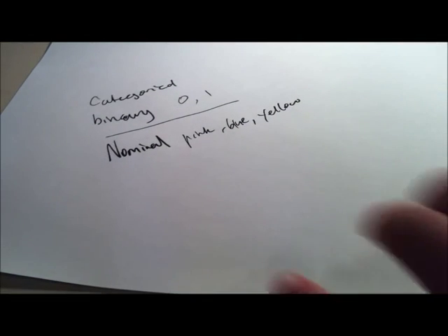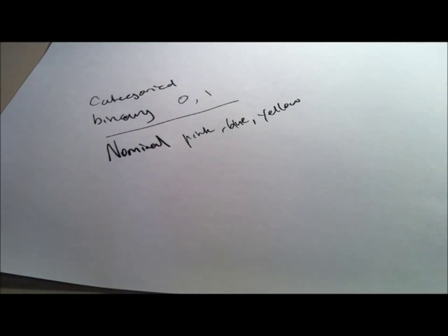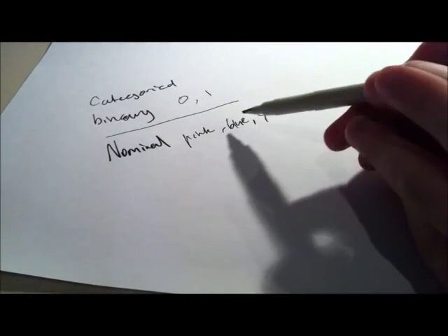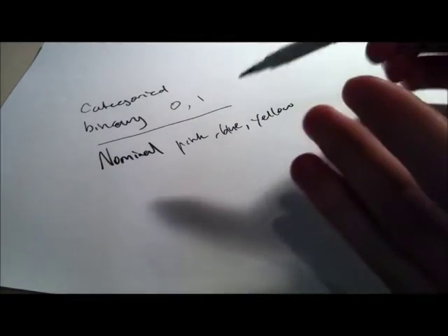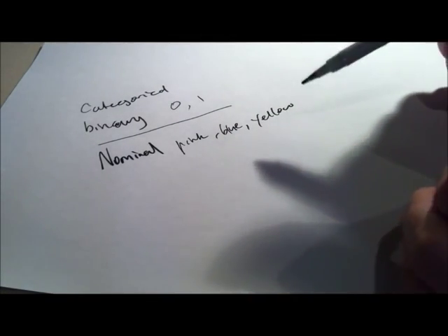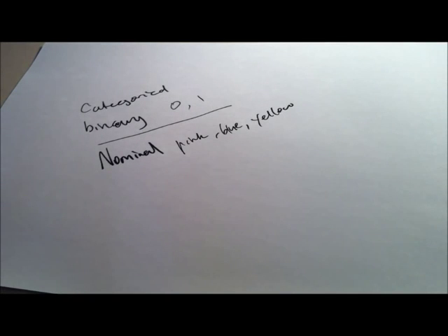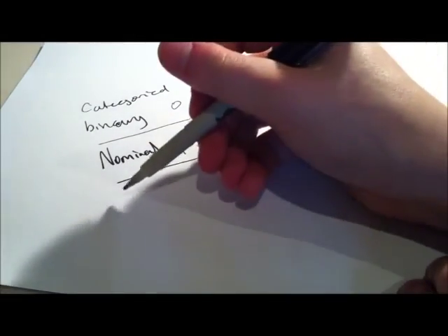You can't break up those categories any further, and there's no inherent meaning to them. There's no order. There's no pink as first, blue as second. So nominal is, again, used mostly in non-parametric statistics. Then we've got an ordinal variable.